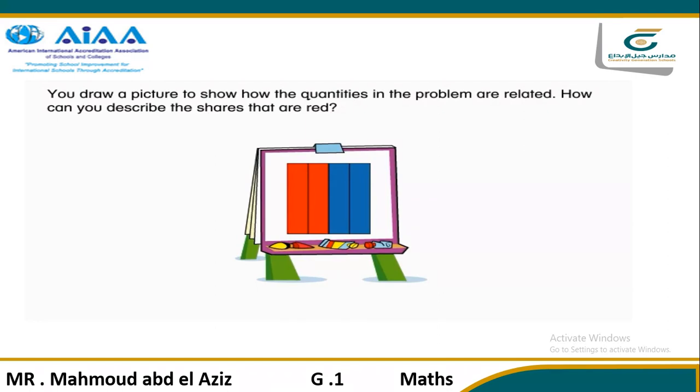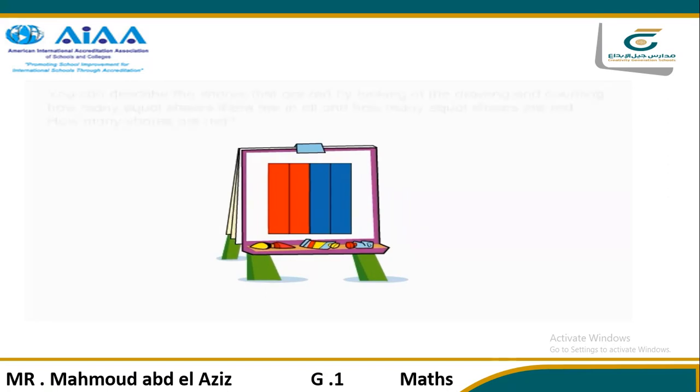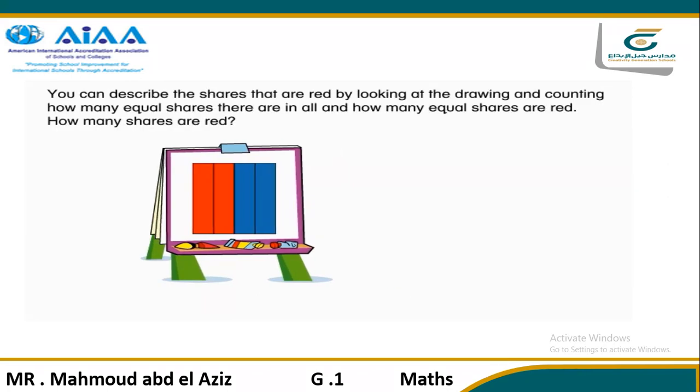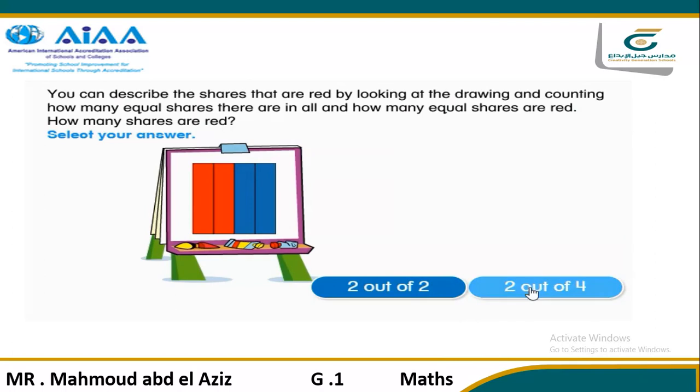How can you describe the shares that are red? You can describe the shares that are red by looking at the drawing and counting how many equal shares there are in all, and how many equal shares are red. How many shares are red? Select your answer.